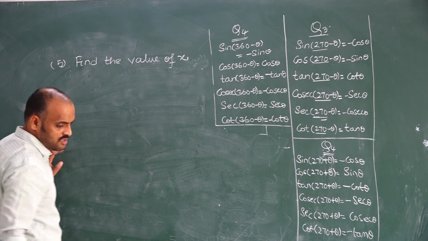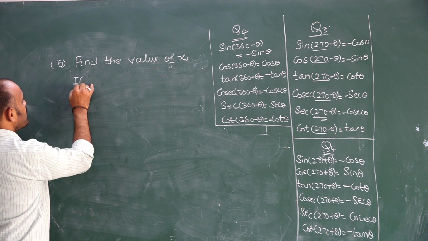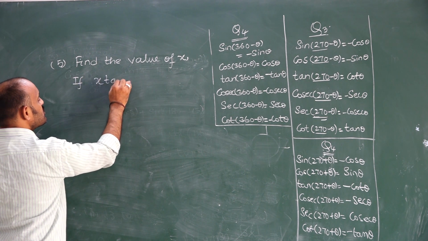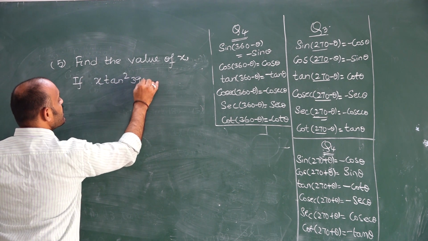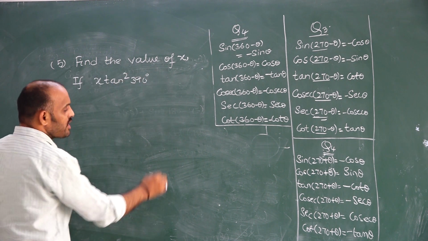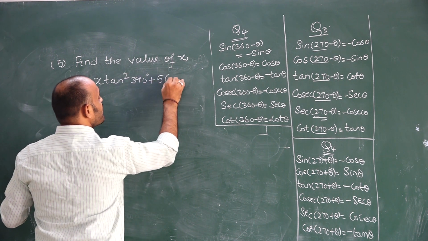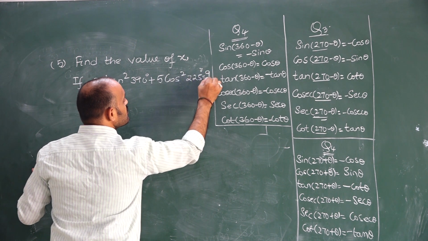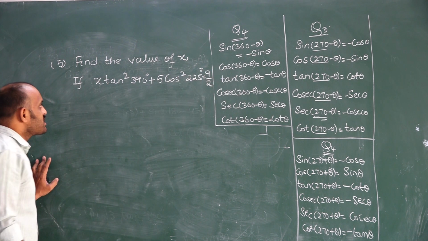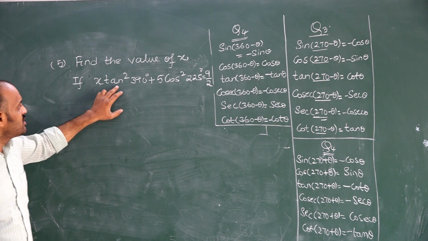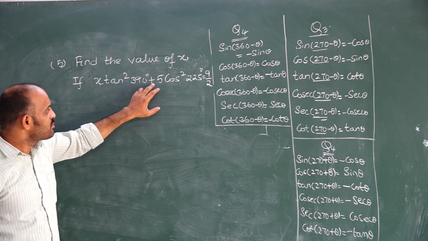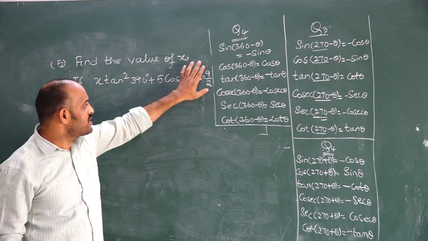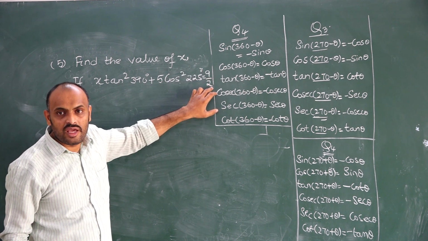Find the value of x if x into tan square 390 degrees plus 5 cos square 225 degrees is equal to 9 by 2. He has given that x into tan square 390 degrees plus 5 into cos square 225 degrees is equal to 9 by 2.